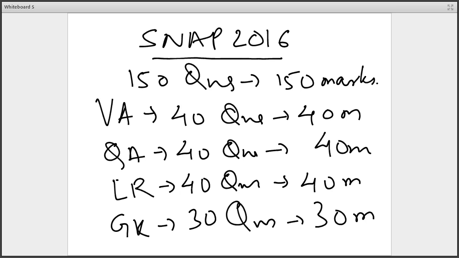The last thing which I want to discuss is what should be the strategy after CAT, because I guess quite a few of you are going to give dedicated time to SNAP after CAT as well. So try to take at least 6 to 7 mocks after CAT.